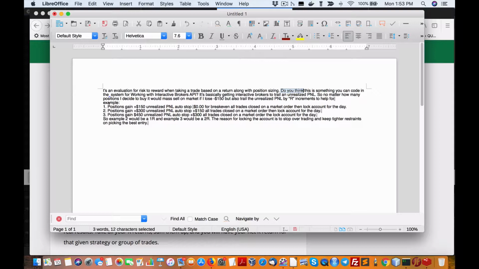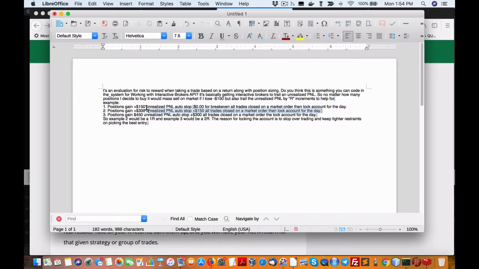For example, this may get confusing for some. Positions gain 150 unrealized P&L, auto stop at $0 for break even, all trades close on a market order, then lock in the account for the day.